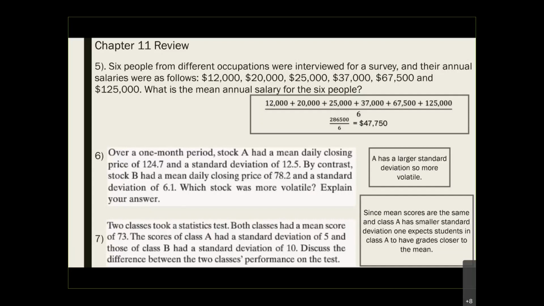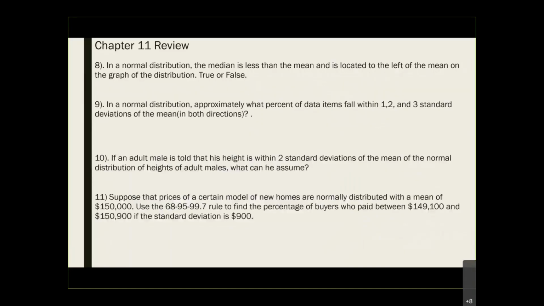The mean was the same, but one had a standard deviation of about 3 and the other about 28 because of how spread out the data was. But that is just a concept. I don't think they ask you for the concept on your final exam, but it's a review of what standard deviation is. So let's take a look at 8, 9, 10, and 11.